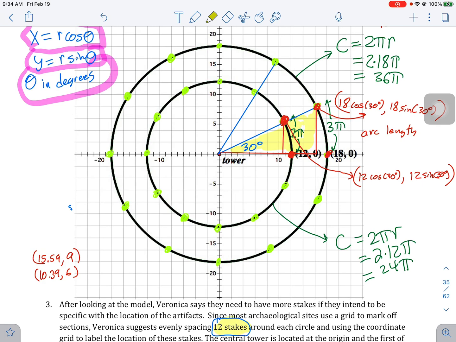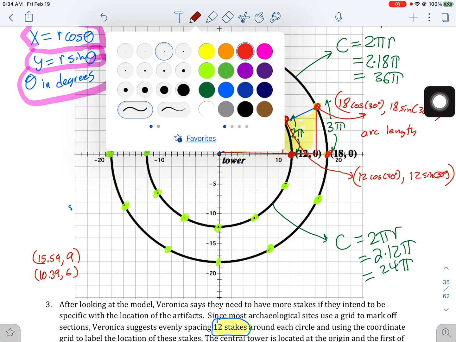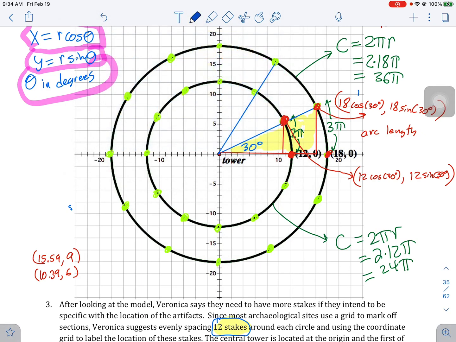If we're looking at the one with a radius of 18, the x, r cosine theta, would be 18 cosine of 30, which works out to be about 15.59. And then the height, using the sine function, 18 sine of 30, works out to be exactly 9. You may know the 30, 60, 90 triangle: half of the hypotenuse, which is 18, would be 9.